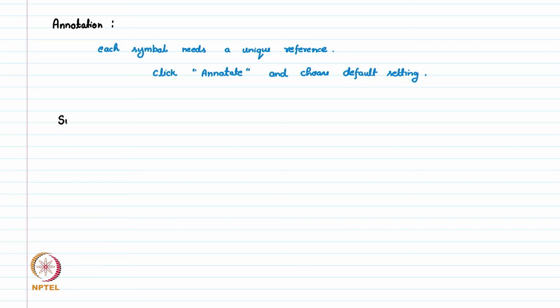Then we have the symbol properties. We need to fill in the values for each component. For example, the lithium coin cell battery.